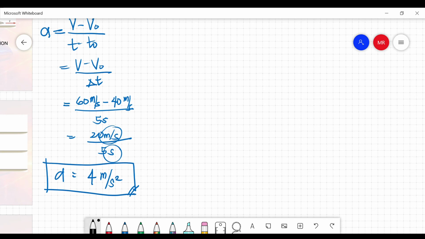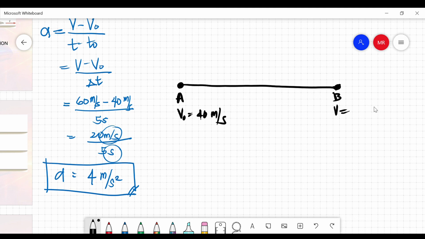Sabihin natin, ito yung point A ko, yung starting point ko. Yung velocity initial ay 40 meters per second. Then, to point B, the velocity is 60 meters per second. Ngayon, nag-take effect ito in 5 seconds.